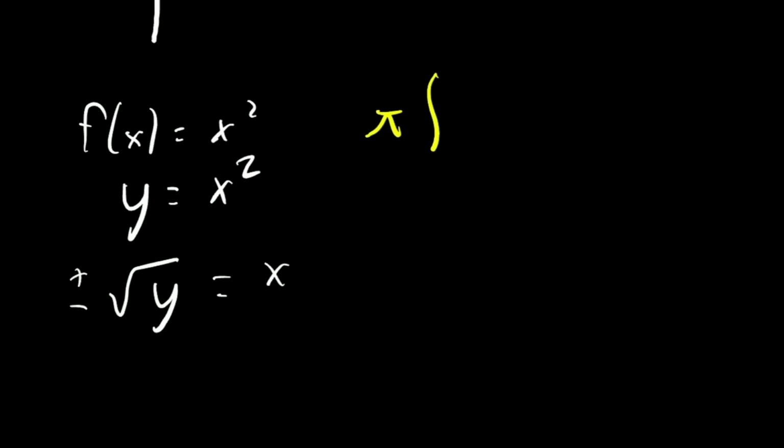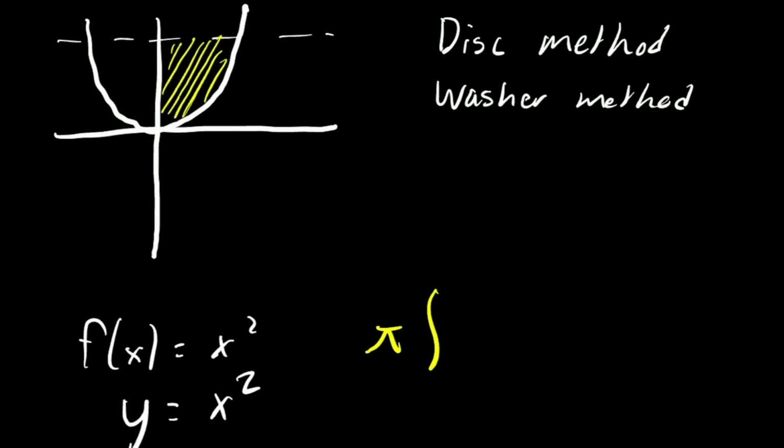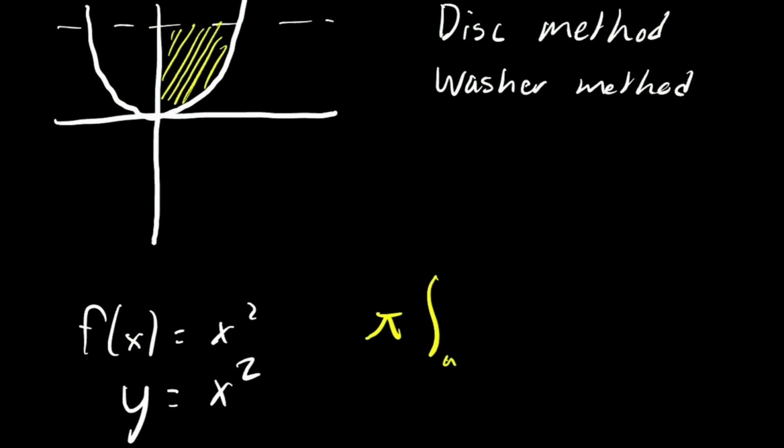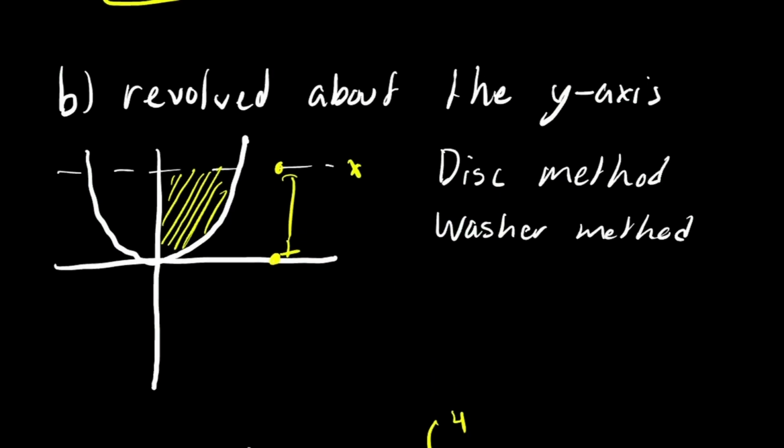We have pi times the integral, and since we're taking it perpendicular to the y-axis, our bounds of integration, a and b, will be from the axis of rotation to the bound, which is parallel to the axis of rotation. So we're actually doing it from 0 to 4, because this function is bounded by y equals 4.